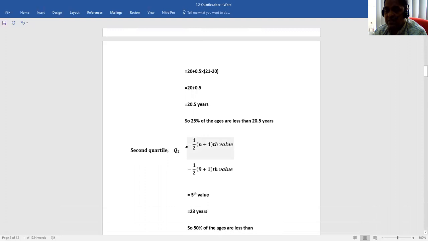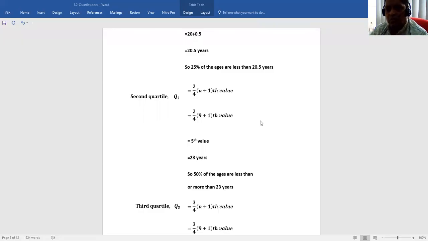Similarly, let us calculate quartile 2. For quartile 2, the formula is 2 divided by 4 times (n plus 1) th value.